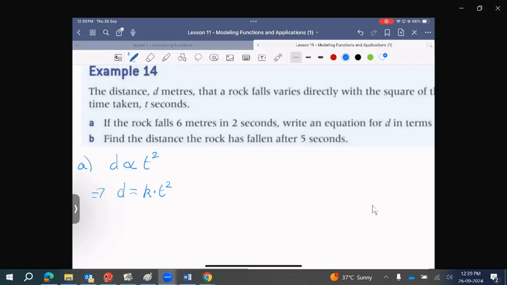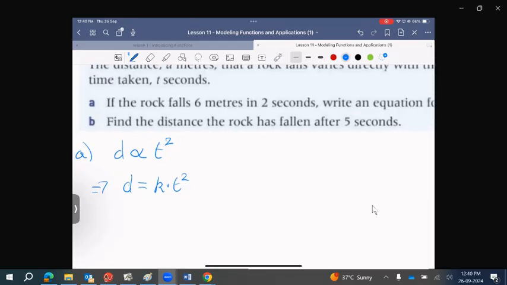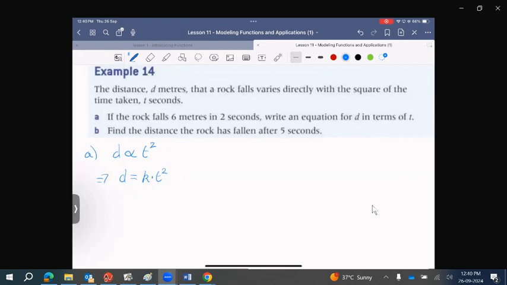When we move to the equation, you add in the constant of proportionality. You don't need it for the proportionality statement at the beginning. This symbol here is the proportional symbol. It's like alpha in the Greek alphabet, or the Jesus fish, whichever you wish to use. In A, it says if a rock falls 6 meters in 2 seconds, write the statement of d in terms of t.